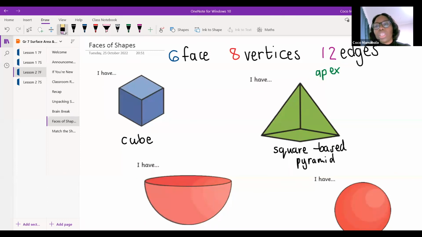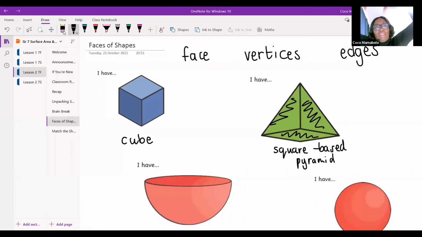Now, again, we need to think about how many faces does my square-based pyramid have? How many faces, guys? Let's count. I've got 1, there's my square, and then I've got 2, 3, and how many do I have at the back there? I'm going to have 4 and 5, good.